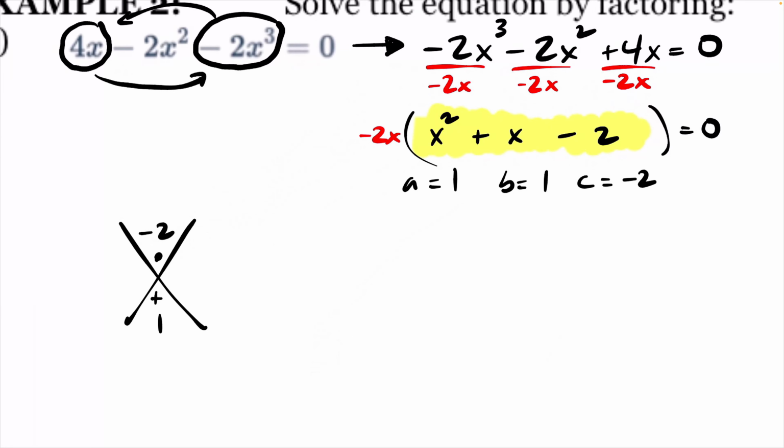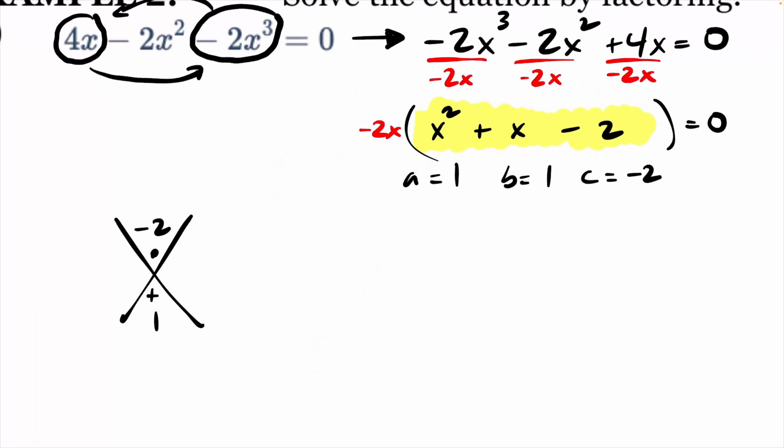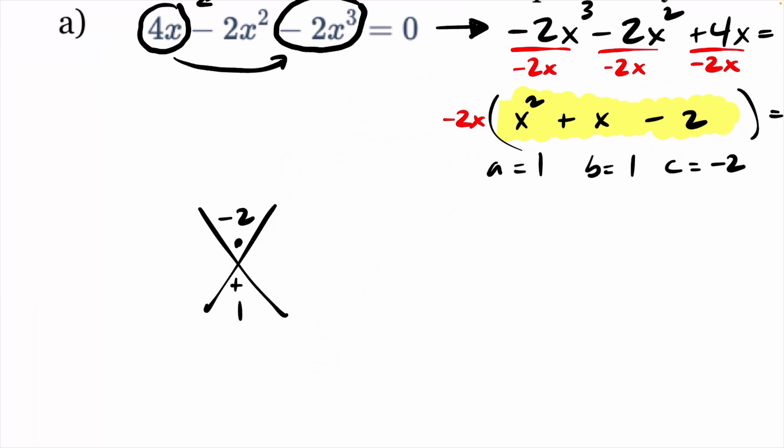B is positive 1. Well, there's not a lot of things that multiply to be negative 2. The list is short. The only things you can multiply to make negative 2 are negative 2 and 1, and negative 1 and 2. That's it. So when I add them together, they have to make positive 1, right? So that's got to be it right there.